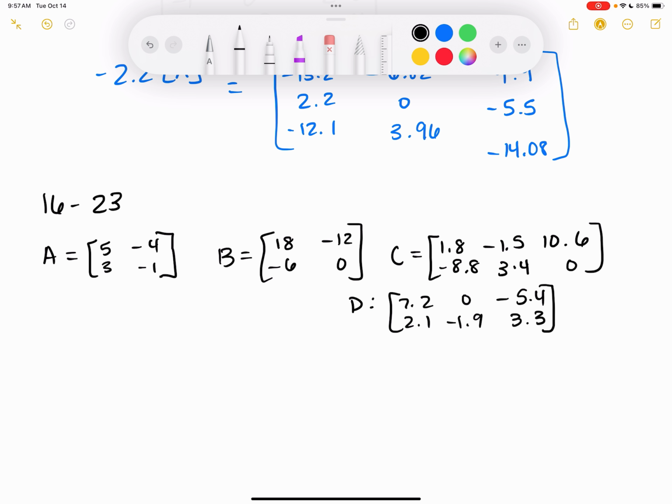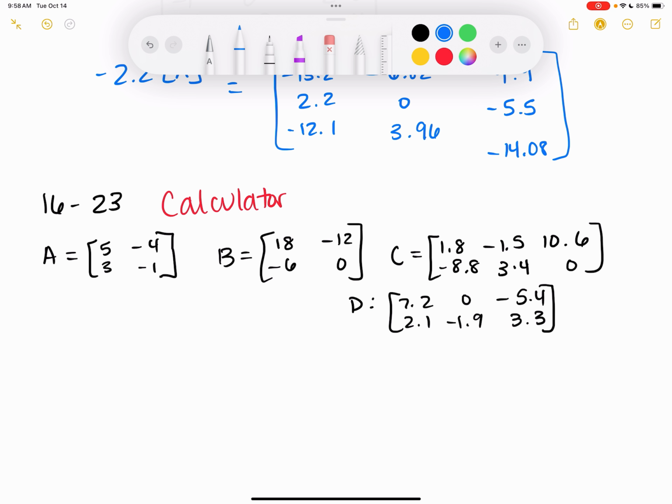On these problems, you are going to use a calculator because they're going to give you things like A plus B, or it might say 3B minus 4A.